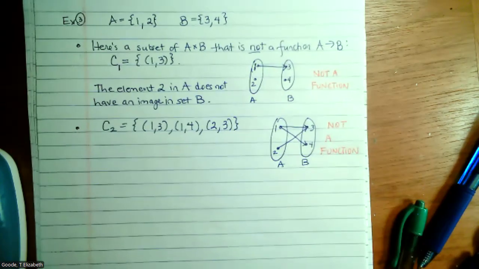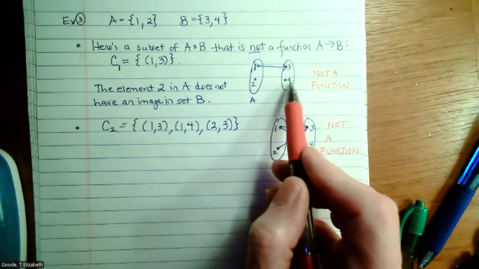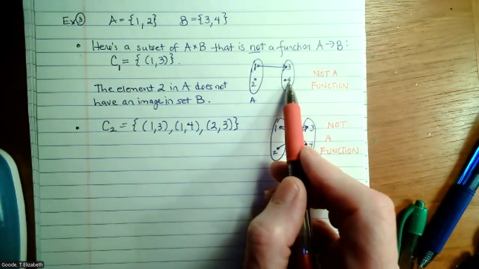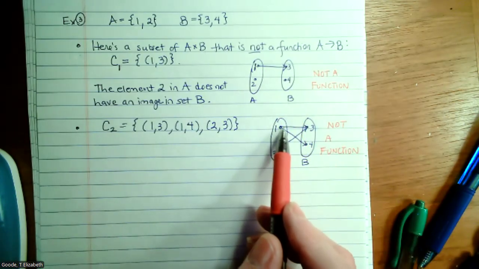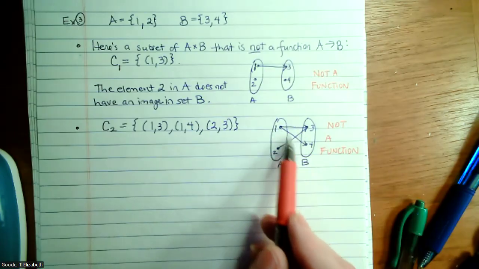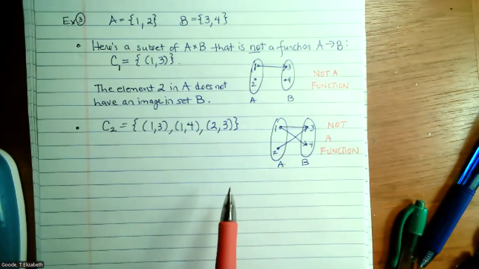One way it can fail to be a function is if one of the domain elements doesn't have an arrow coming out of it at all. Another way it can fail is if one of the domain elements has more than one arrow coming out of it.